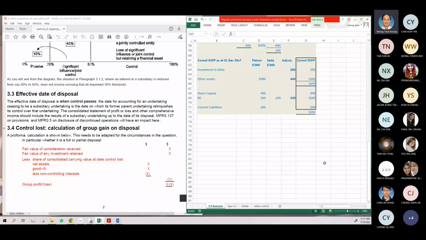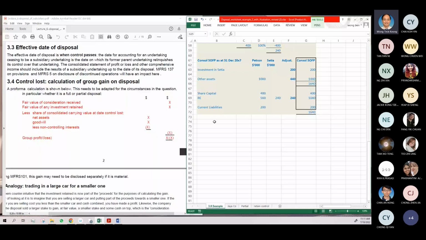So when you have, then you will dispose. Okay, when you dispose of course you have to sell something. So you might have consideration received, money you receive, right? Because you dispose, you may have received some money.